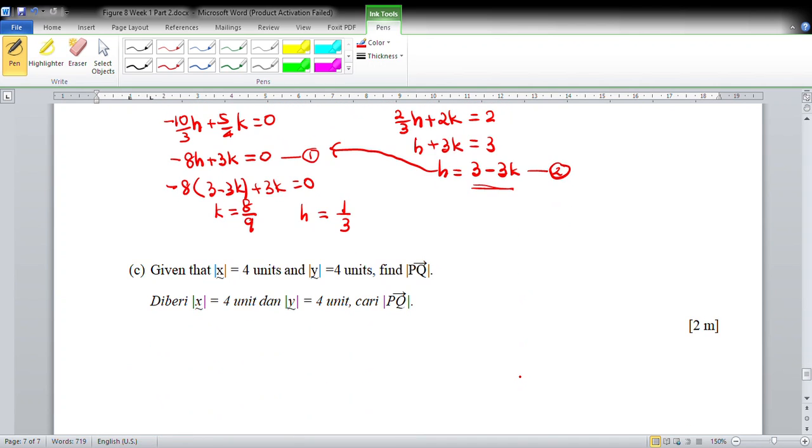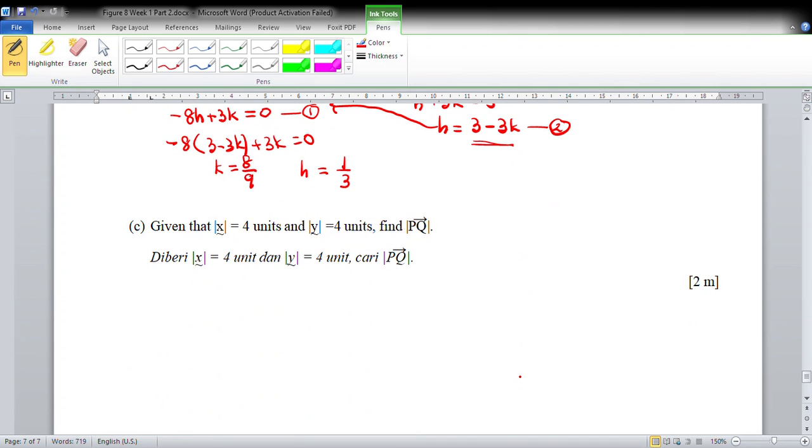Okay, the final part. Okay, so earlier we were already given that PQ here is 90 degree, right? We are given that. Okay, so we can look at what is PQ. Okay, so PQ is 5x. Okay, let me write up PQ is 5x plus 2y.